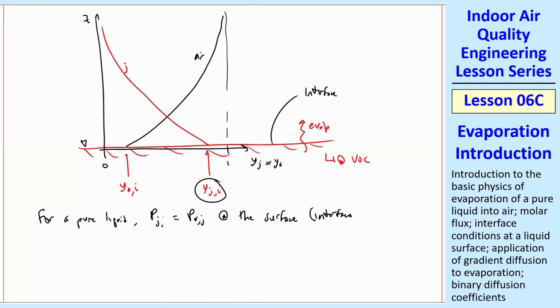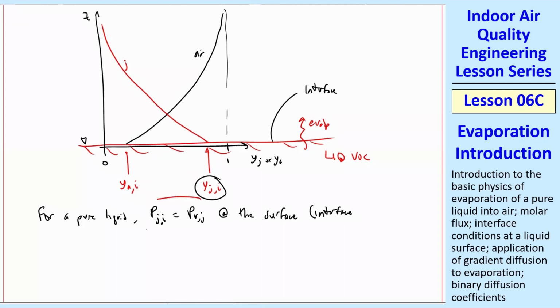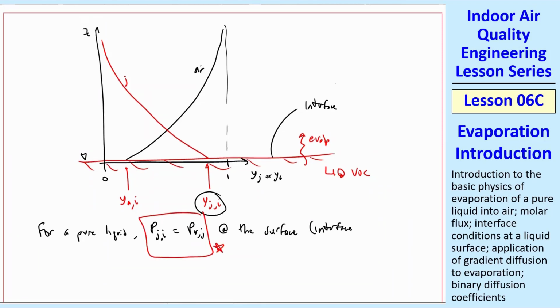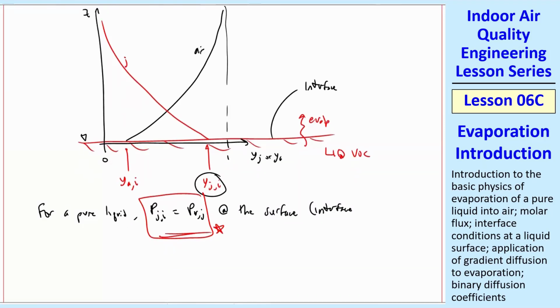So Pji is equal to Pvj. And that is a very important piece of knowledge because we'll be able to figure out how fast this evaporates based on that value of vapor pressure.